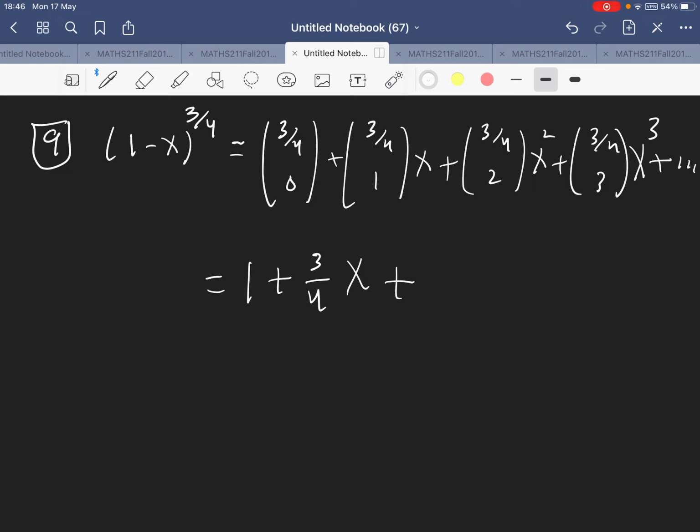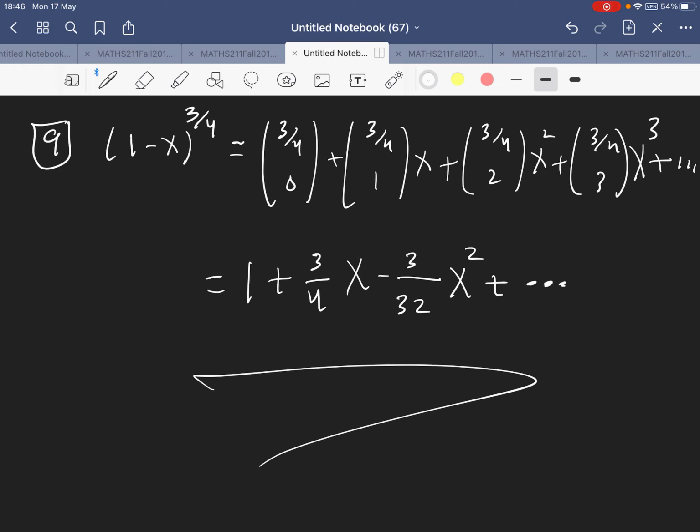This one, if we calculate it, is 3 over 4 times negative 1 over 4, so it will be negative 3 over 32 x squared, and so on. And that's exactly how we find the binomial series.